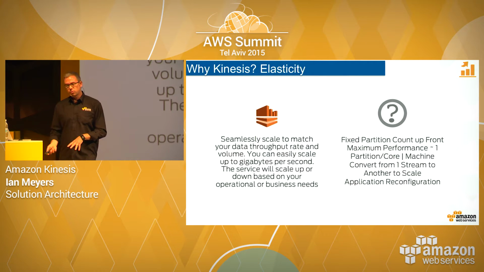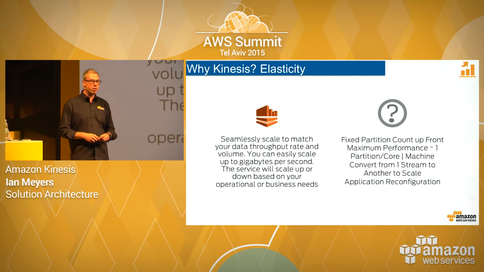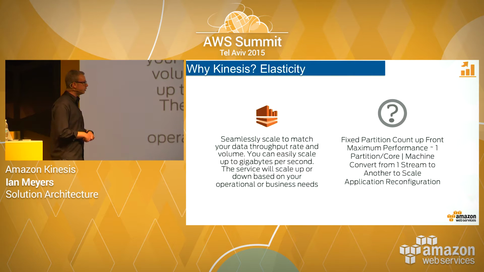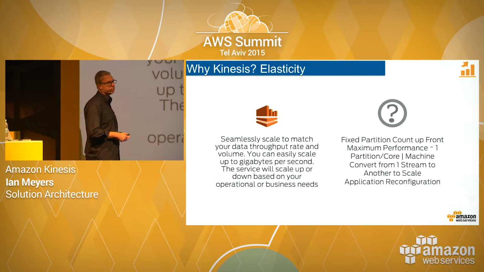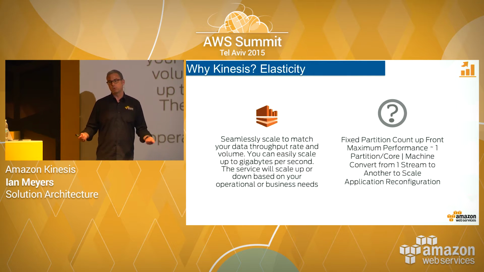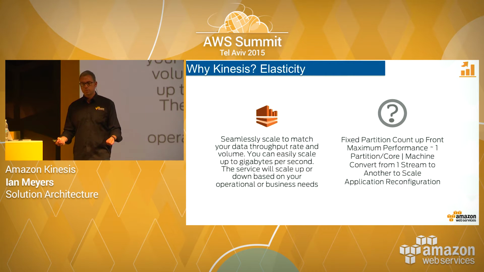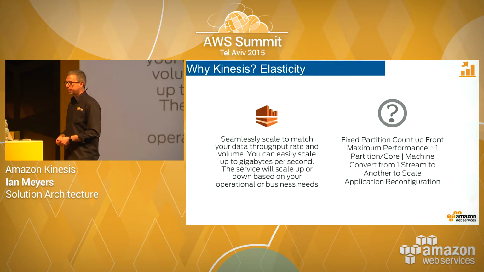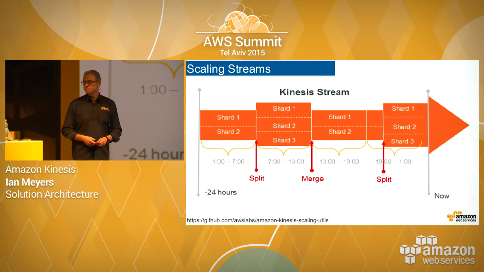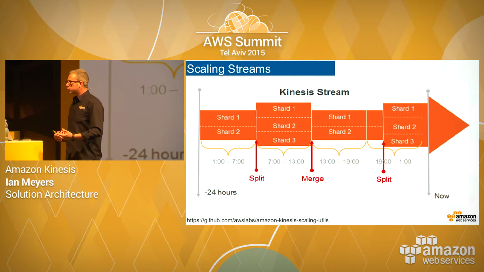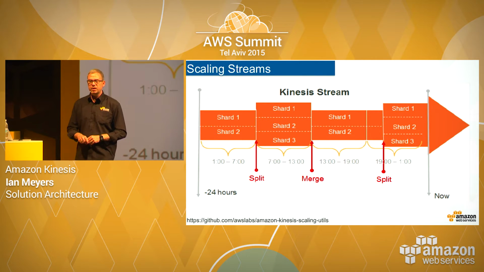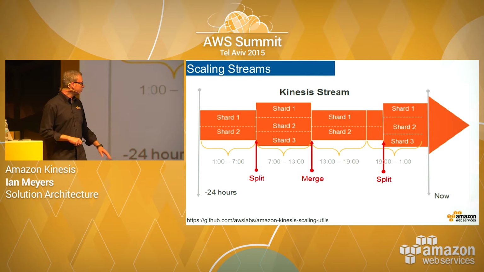And keep in mind, when we use the KCL to process that data, because we're automatically getting a thread provisioned for each shard, our application fleet on the back end is going to scale up and down accordingly. When you build this yourself, you do have to do quite a lot of planning up front, and you have to choose a partition count that's going to allow you to meet your long-term input rates, which can be complex and result in you over-provisioning. With Kinesis, when we want to scale, we can either do that manually, or we can run an Elastic Beanstalk-based auto-scaling daemon, which is cited at the bottom there.